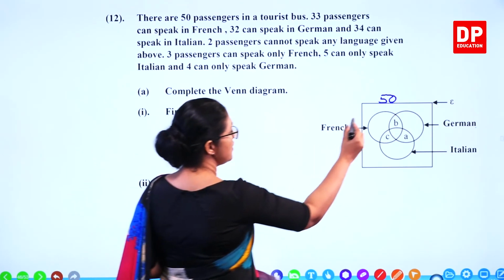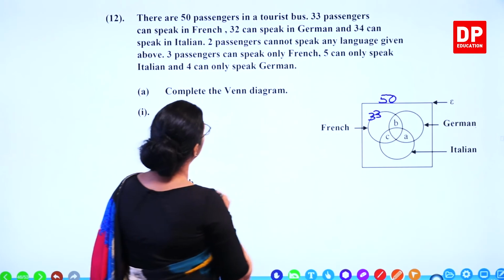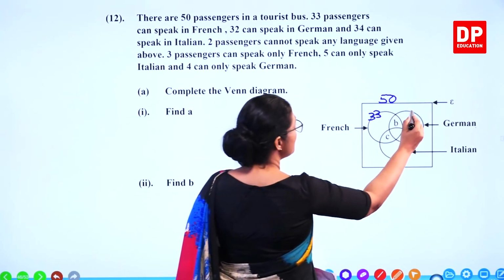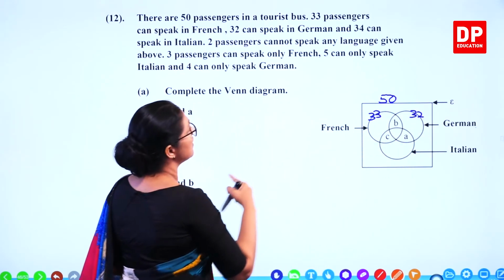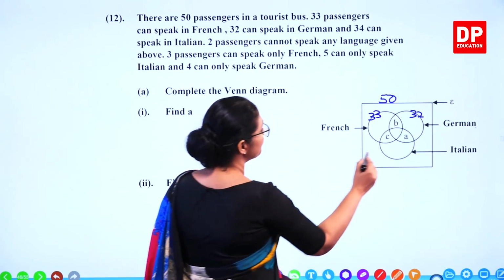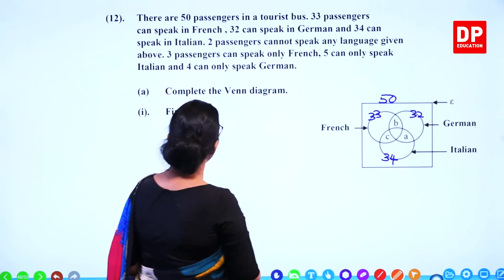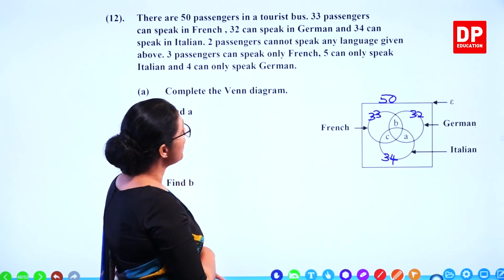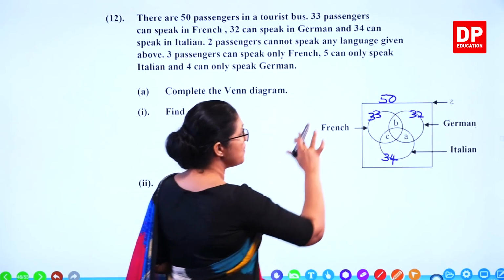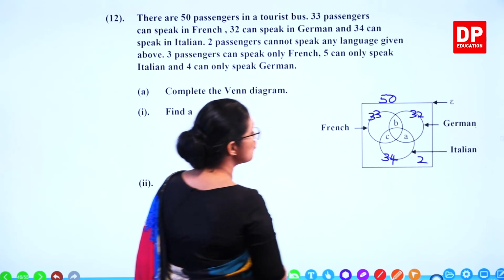So 33 is here. 32 can speak German. 32 is here. That's the full circle. 34 can speak Italian. 2 passengers cannot speak any language given above. Only 2. So that means outside the 3 circles, that's 2.